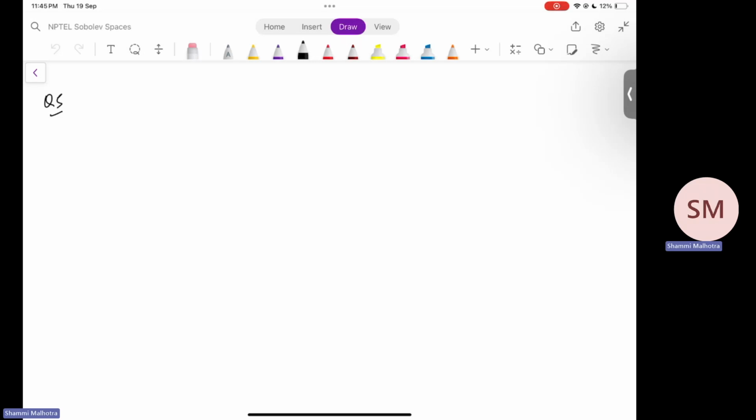So let's start. We denote by E the space L1 intersection L2 equipped with the norm, the L1 norm plus the L2 norm.